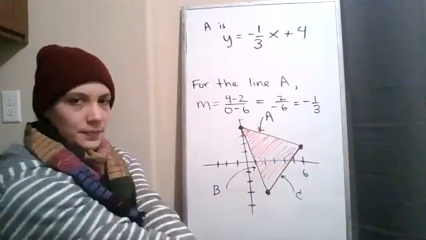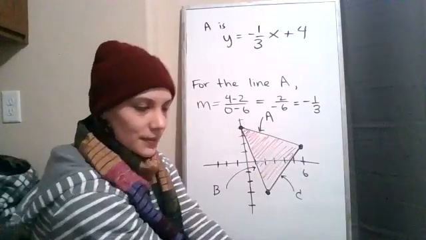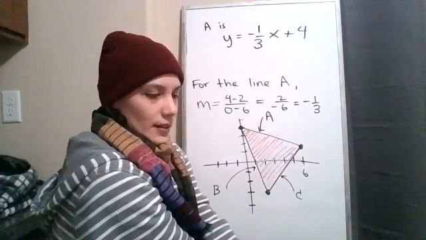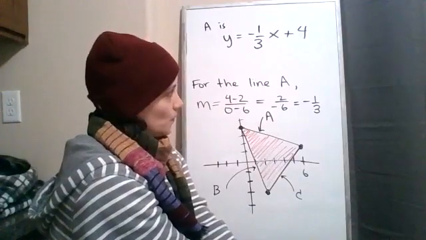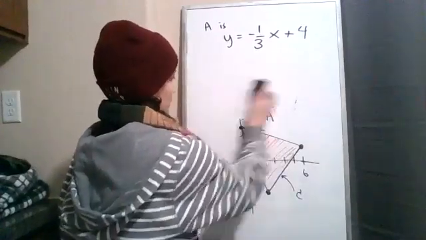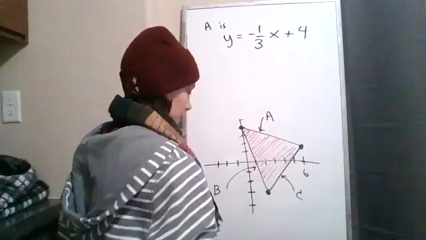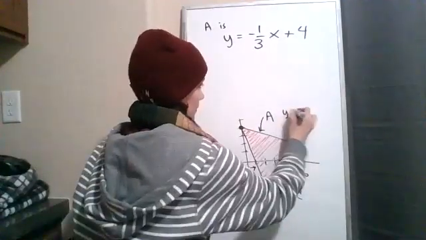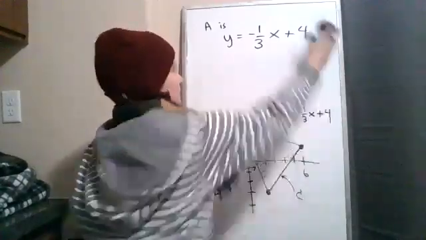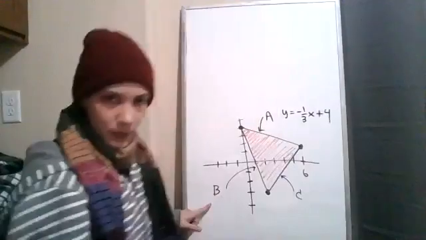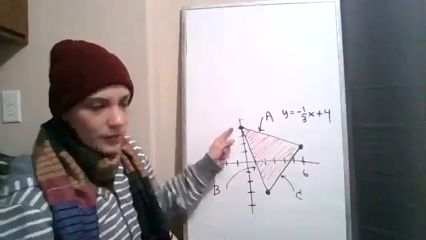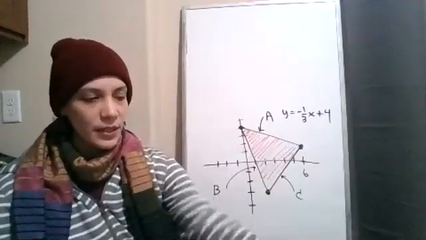Okay, pause. Focus on this line. B is the line with a slope of 4 minus negative 3 over 0 minus 2.